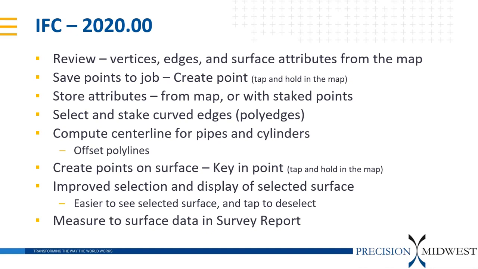You can store attributes from the map or with stake points. Select the stake curve edges, poly edges. Compute center line of pipes and cylinders, offset those polylines, and create points on surface. Key in point, just tap and hold on the map. They have an improved selection and display of selected surface, easier to see the selected surfaces. And then, of course, tap to deselect.